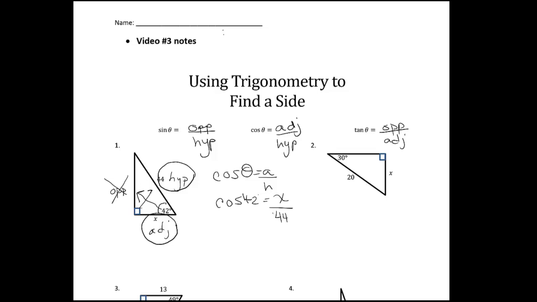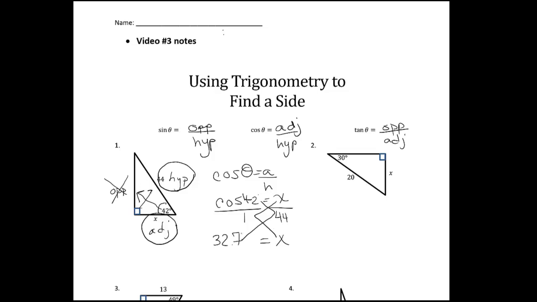And we've been solving these for a while now. Basically, this is a proportion. You just have to be careful when you multiply in a calculator. 1 times x is x. But cos of 42 times 44 should be around 32.7.